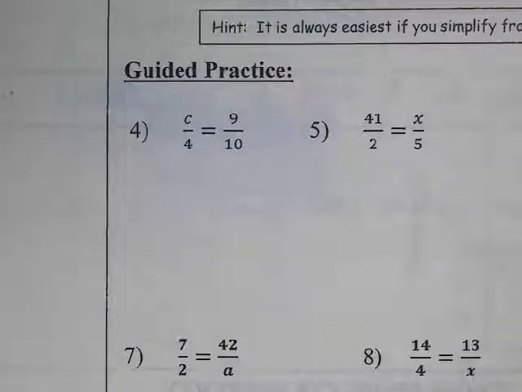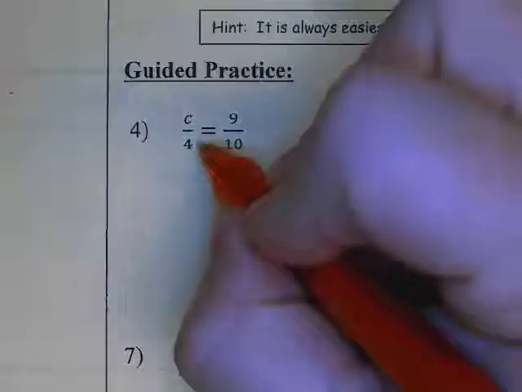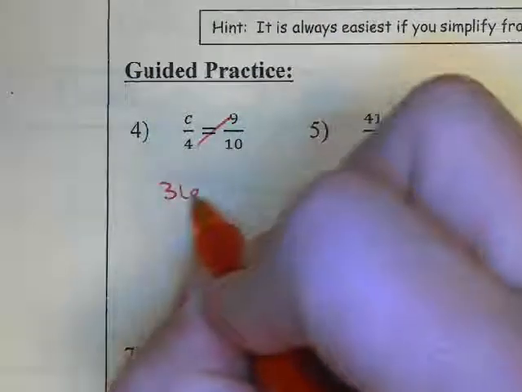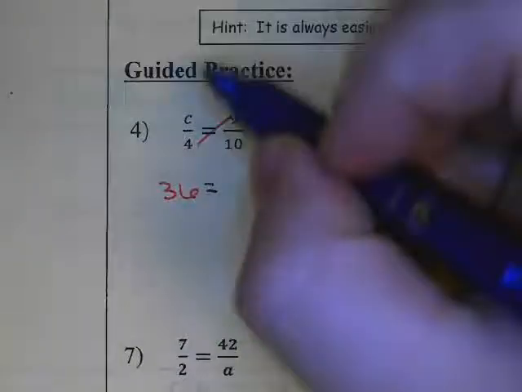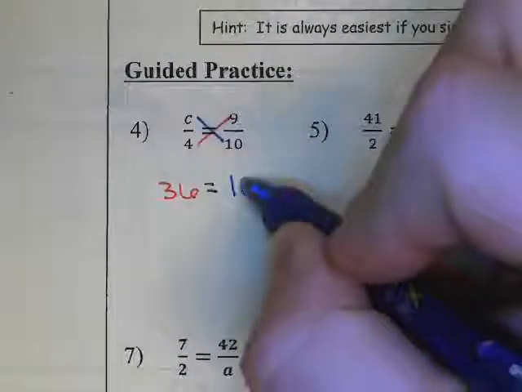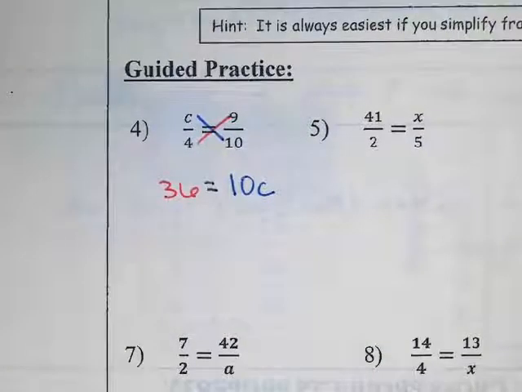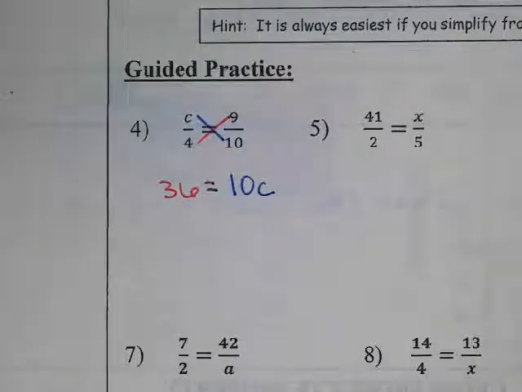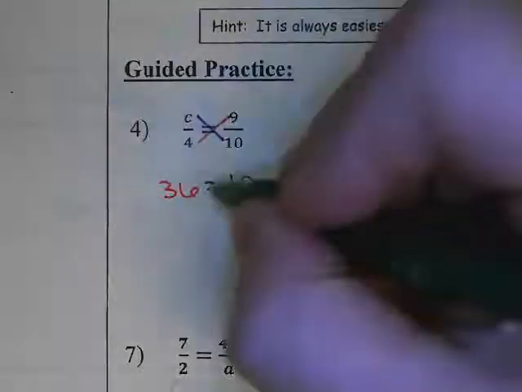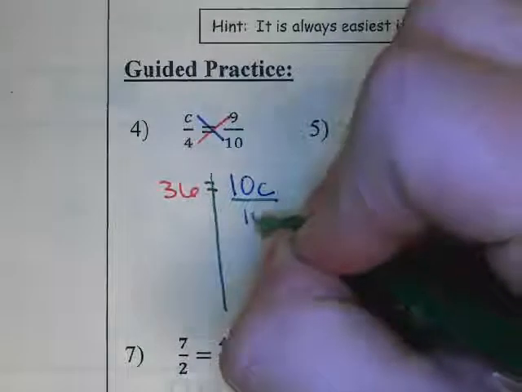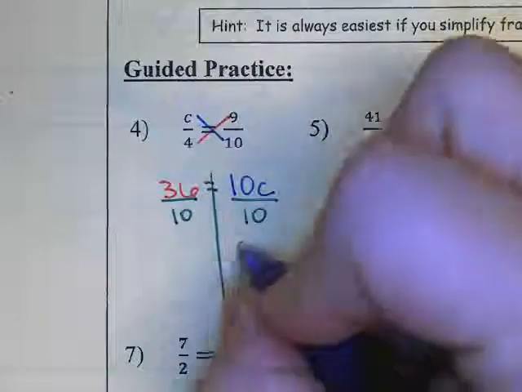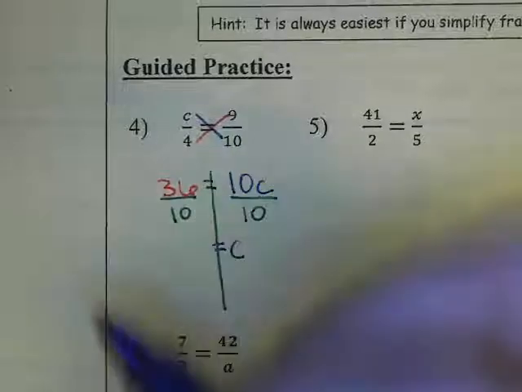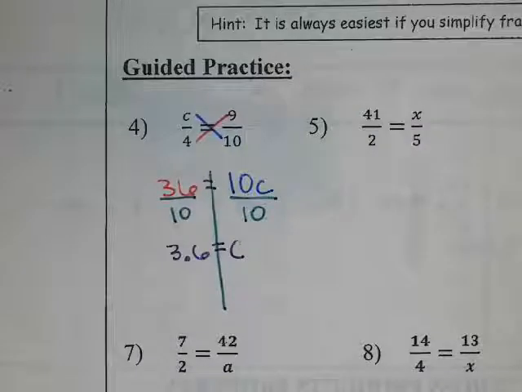On number 4, I'll find the cross product. 4 times 9 is 36, and that'll be equal to 10 times c, and we'll call that 10c. Now we'll divide both sides by the coefficient, that's the number right next to the variable. Draw a line, and we'll divide both sides by 10. And we'll get c is equal to 3.6, or 3.6 is equal to c. Pretty straightforward stuff.